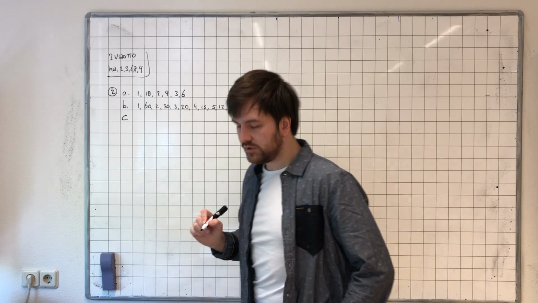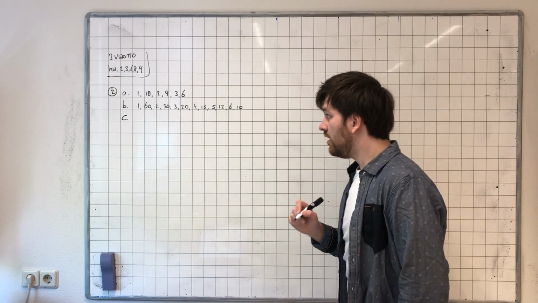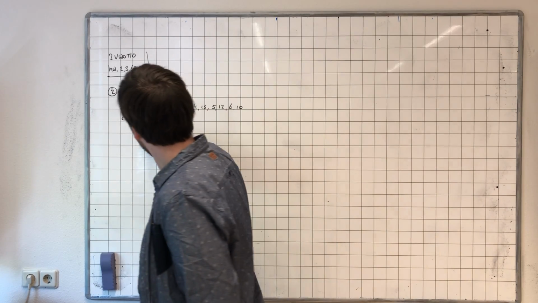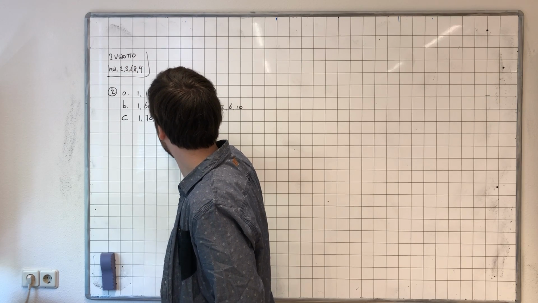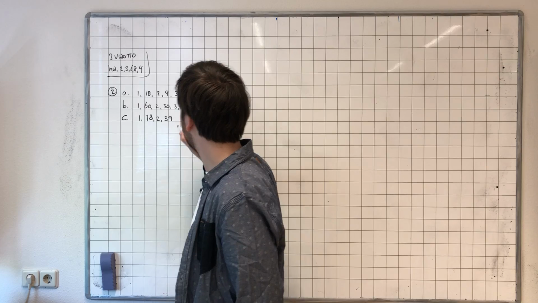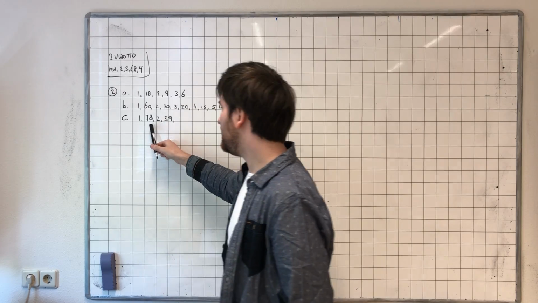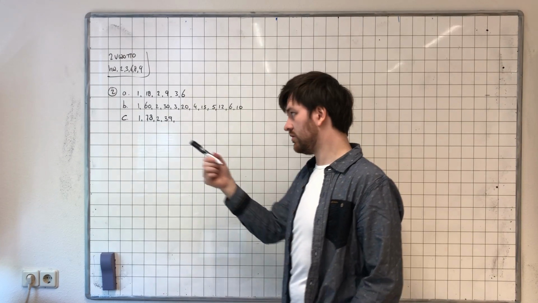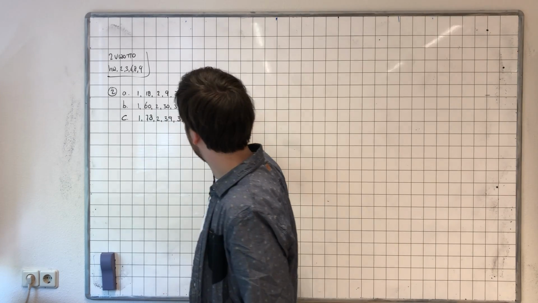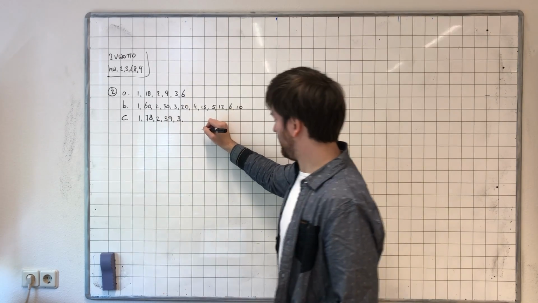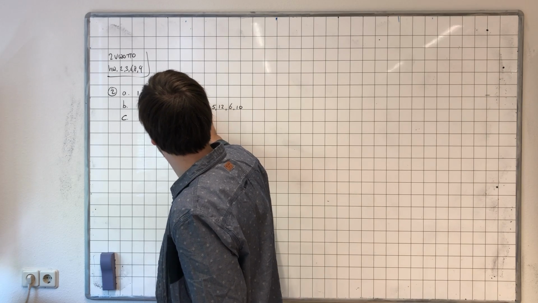The last one, 78. 1 times 78. 2 times 39. Can we divide this by 3? Yes, because 7 plus 8 is 15. So 3 times, let's see, 26.